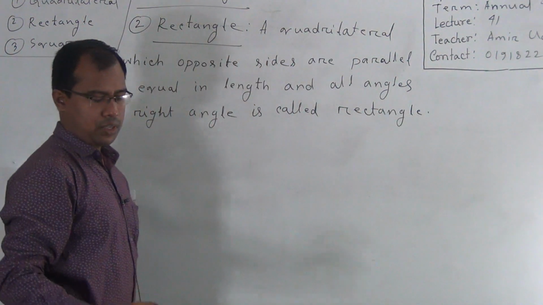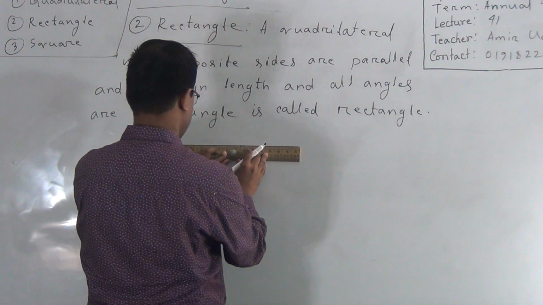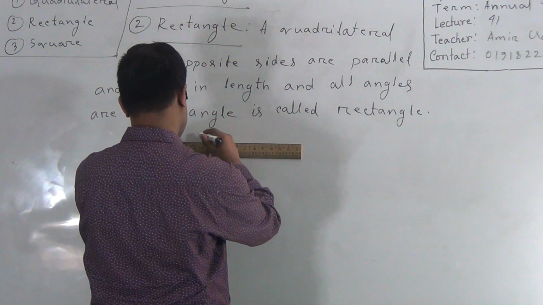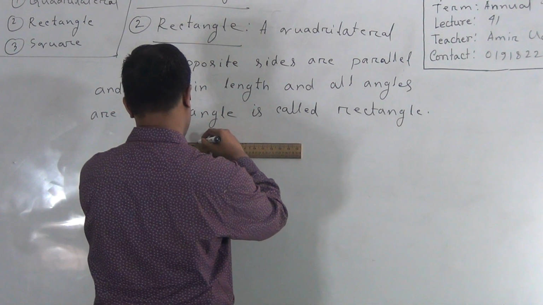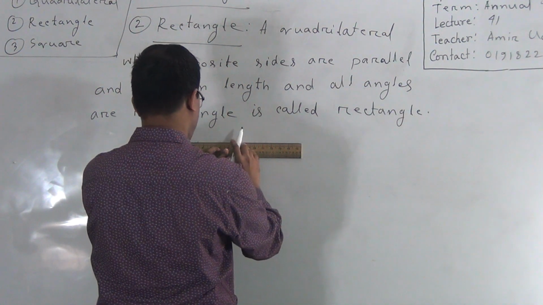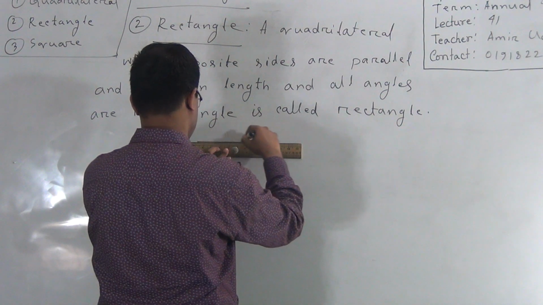Now we'll draw a figure of rectangle. Here also four line segments will exist, and opposite line segments will be equal in length and will be parallel, and all angles will be 90 degree.